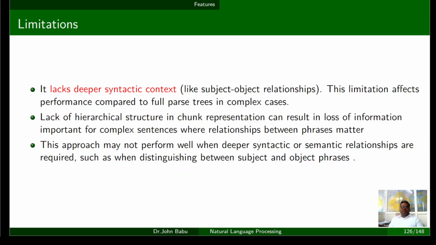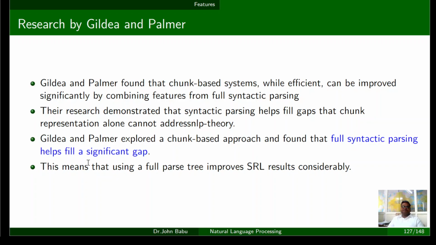It is more robust and more simple. But because we are taking only parts, that may result in loss of information. And for complex sentences where the relationships are important, we are at a loss. So this approach may not perform well when deeper syntactic or semantic relations are important.